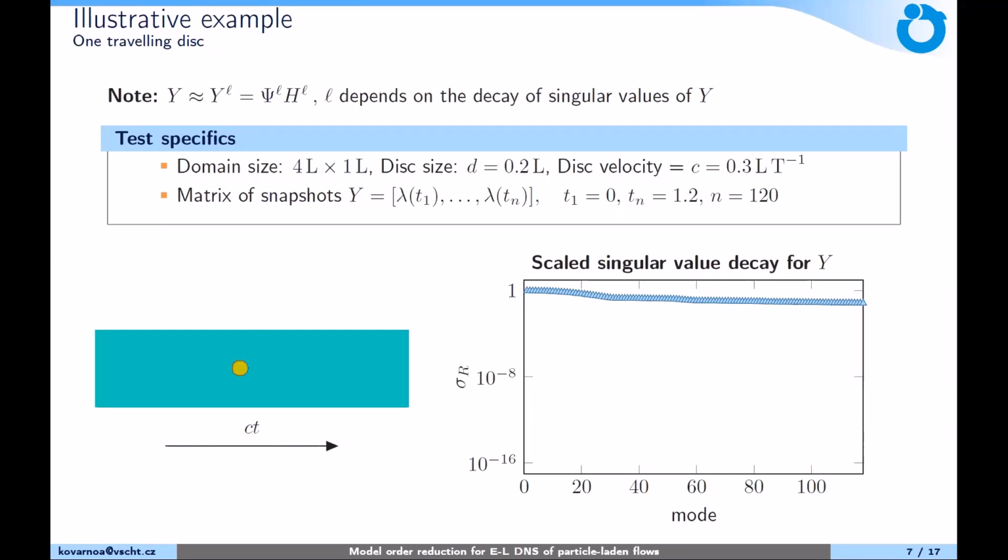Concerning this, when we take this traveling disk and save it into a matrix of snapshots, then the singular value decay for this matrix is extremely slow, and we would need a large number of modes, that is a large number of spatial structures, for a sufficient approximation.